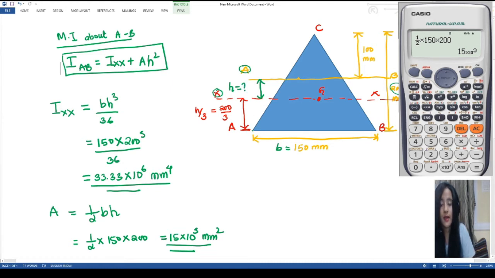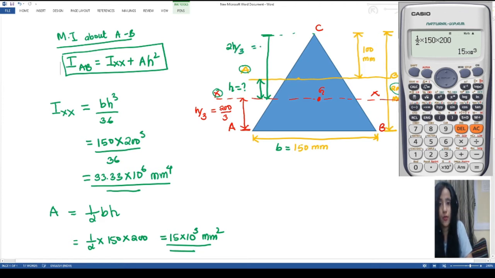If from the base, our centroid for this triangular section lies at the height of h by 3, so the remaining portion, from this apex till this point, the remaining height will be 2h by 3.